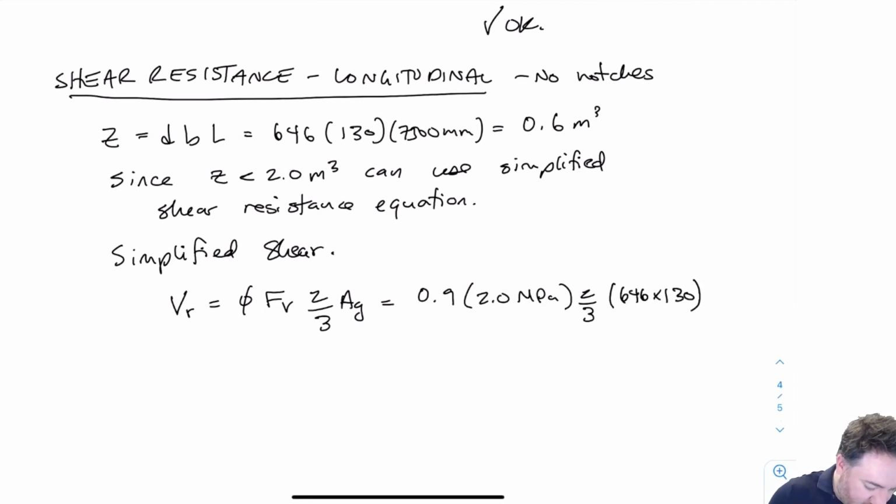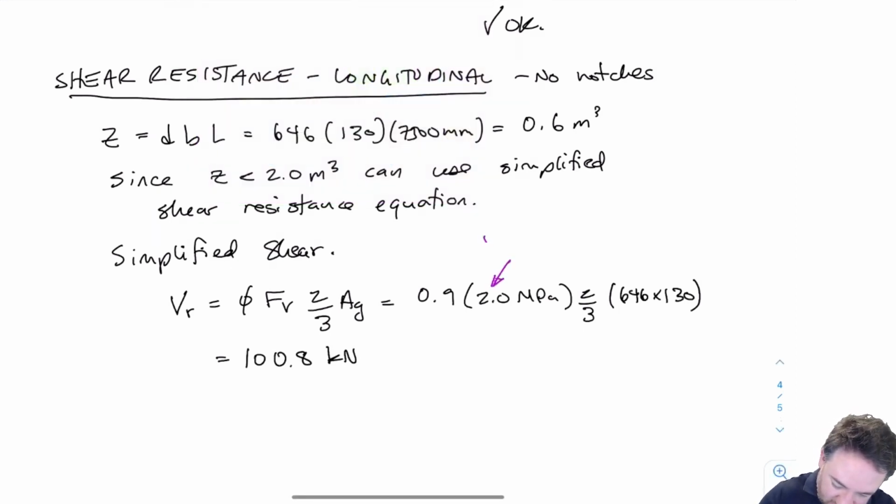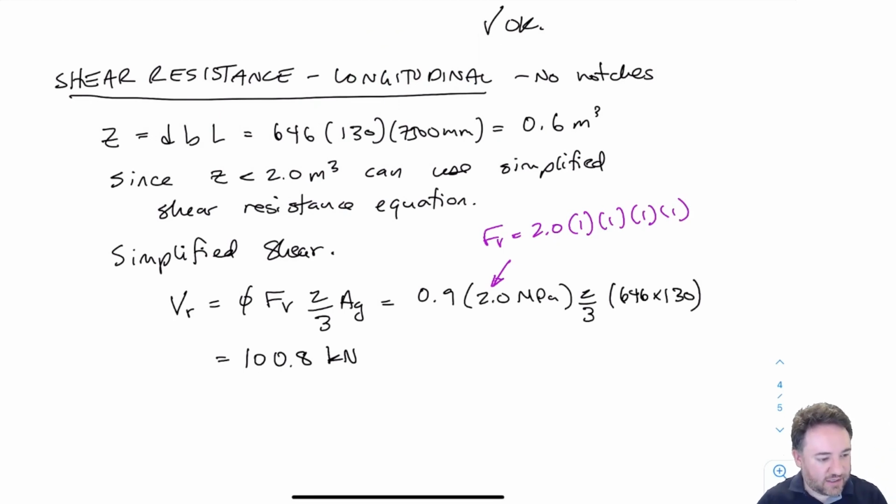And what do we get when we do this calculation? We get 100.8 kilonewtons. By the way, I didn't do this calculation explicitly, but this is capital F_v, which is small f_v times 1 times 1 times 1 times 1, since we had no service condition factors, the duration factor is 1.0, and no treatment and no system effect.